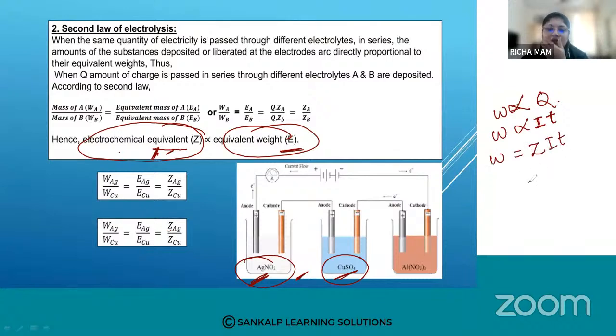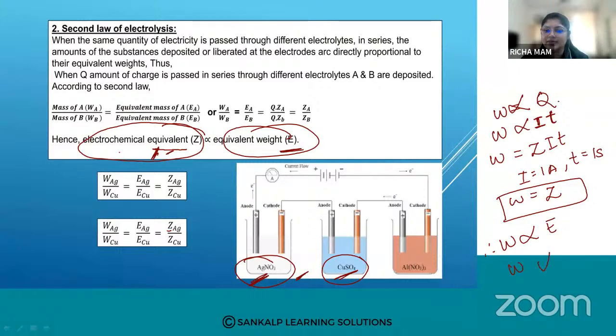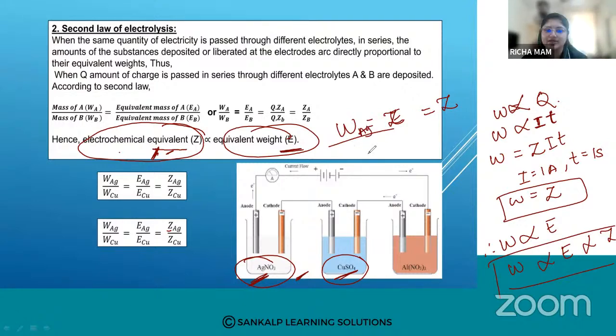If the current is 1 ampere and the time is 1 second, then W is equal to Z. From the second law, W is directly proportional to E, which is directly proportional to Z, of the corresponding metals.